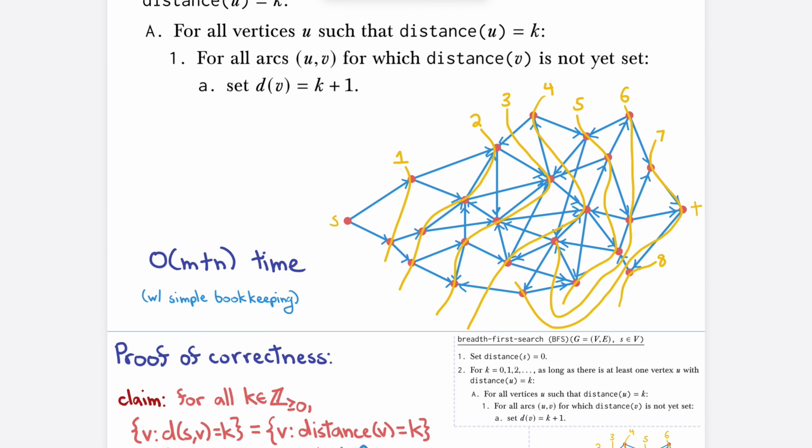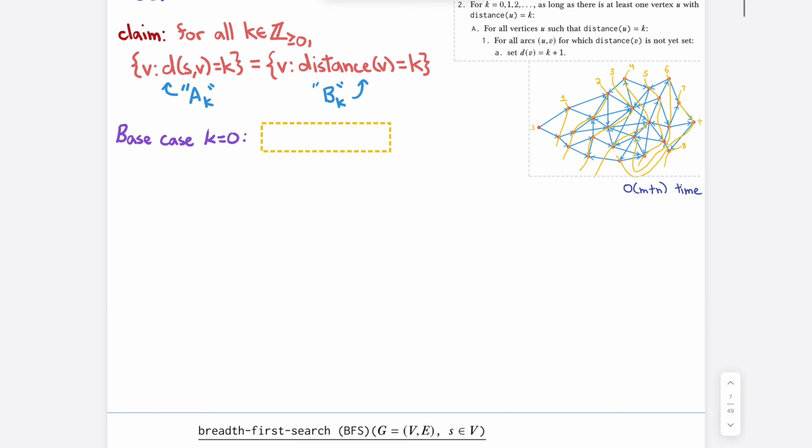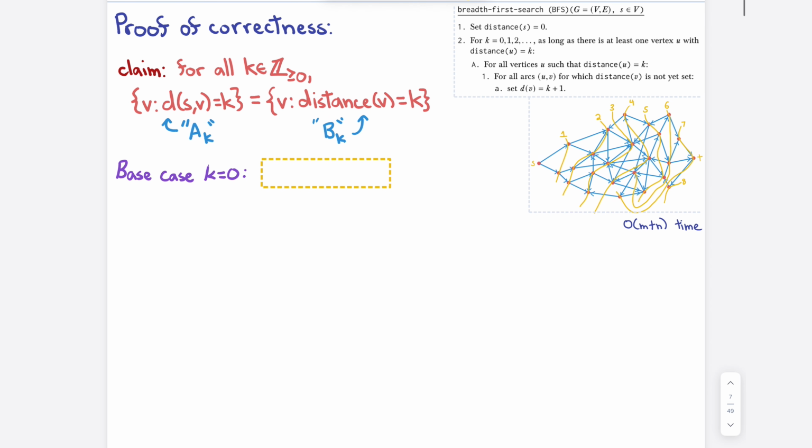What I've done to get us started is break it down by that distance level, so that maybe we can facilitate proof by induction. I just want to show that these two sets are equal for every k. The set of vertices I label at distance 10 is equal to the vertices that are actually distance 10. I want to do that for every value besides 10. Is this set up okay?